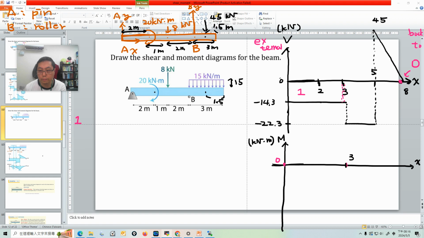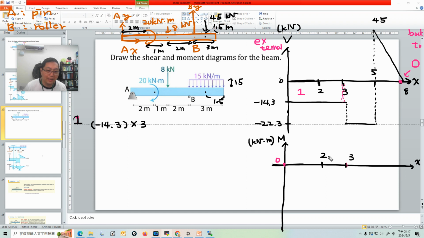So what's the area? Very easy, right? Minus 14.3 times 3. Sorry, I cannot draw from 0 to 3 directly. We have to draw to 2 first.